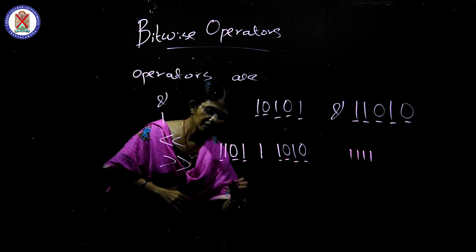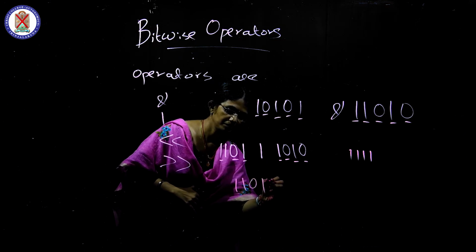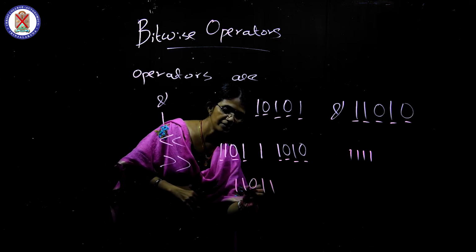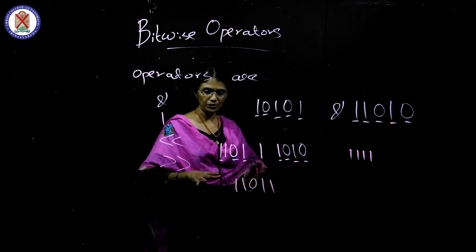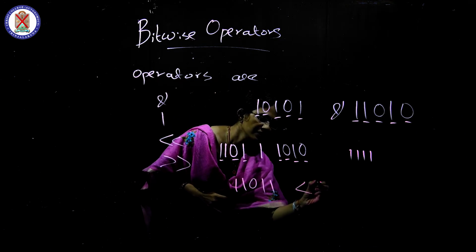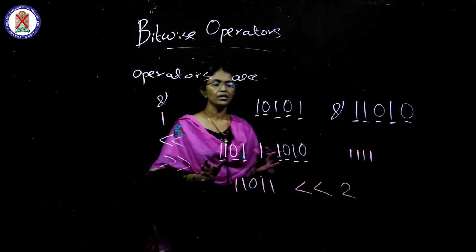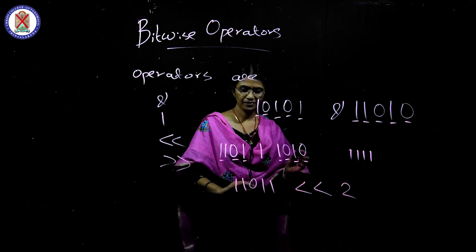Shift means, for example, 1 1 0 1 1. This is our value, and we want to left shift by 2. In this case, we have two values.